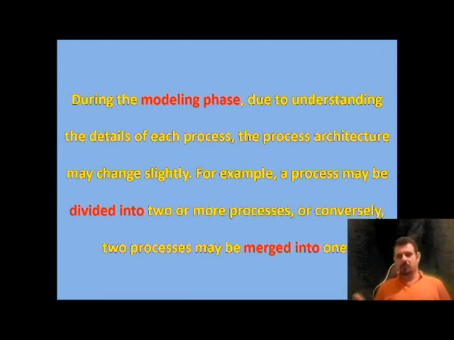For example, a process may be divided into two or more processes, or conversely, two processes may be merged into one, because now you are deeper and you know the detail of your processes. The change can be between 10 and at most 50%, not more.